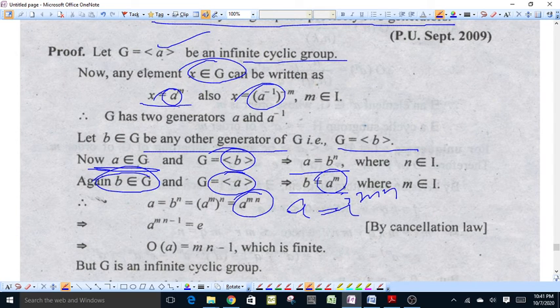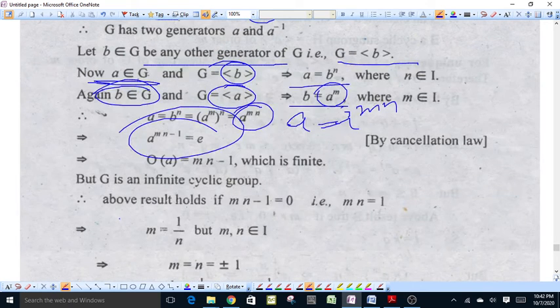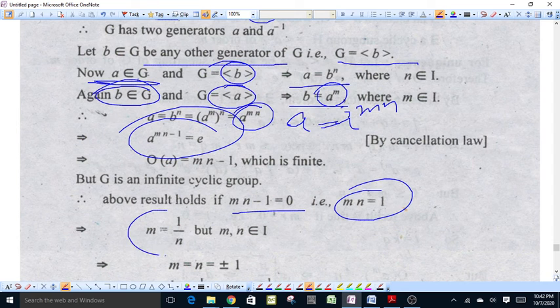Now a is equal to a raised to power mn. We can write a raised to power mn minus 1 is equal to e. Therefore the order of a is mn minus 1, which is a finite number, but G is an infinite cyclic group. Therefore this result holds only if mn minus 1 is equal to 0, that is mn is equal to 1, that is m is equal to 1 by n.